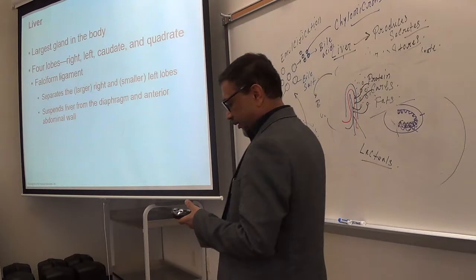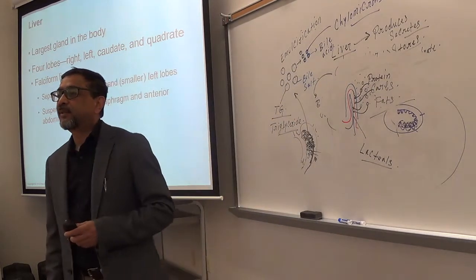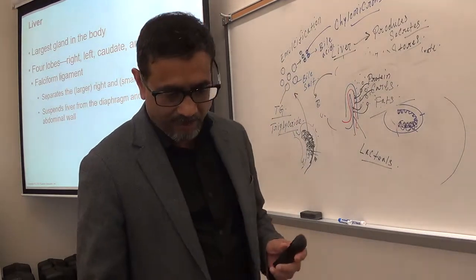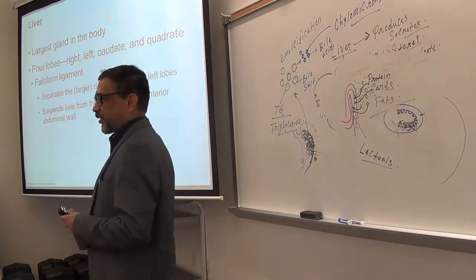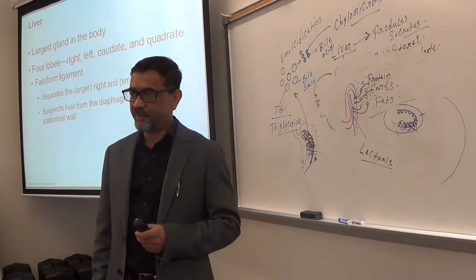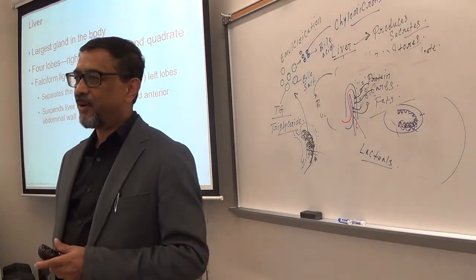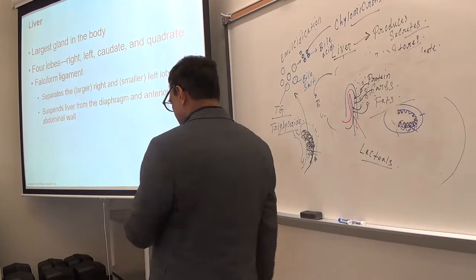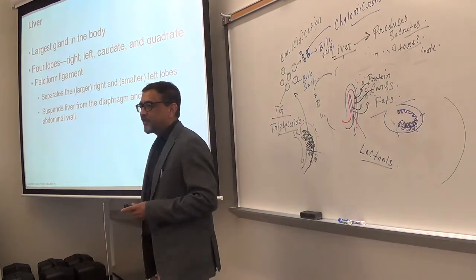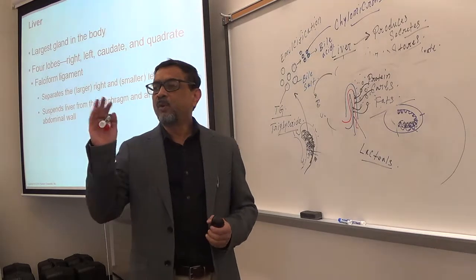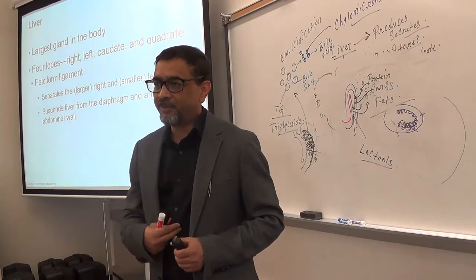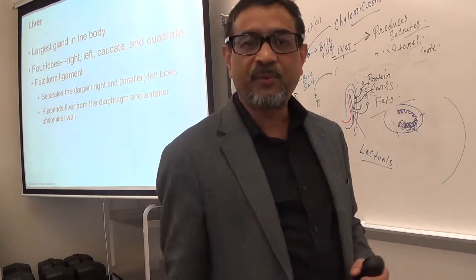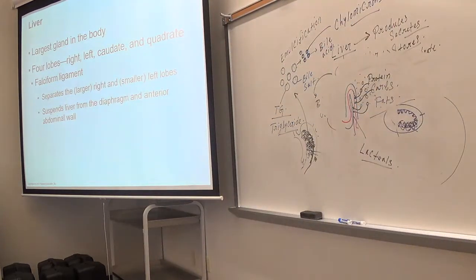Now, let's talk about the liver. Liver is the largest organ of your digestive system. It's a very big organ. And the liver has 4 lobes: right lobe, left lobe, and 2 other small lobes called quadrate and caudate lobes.